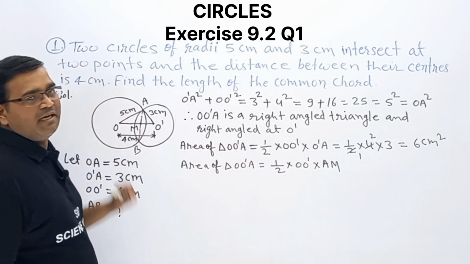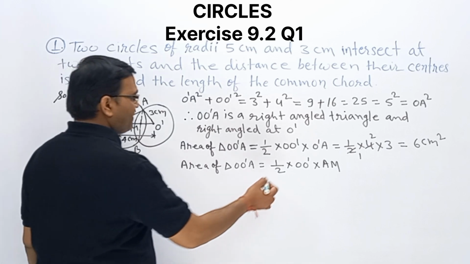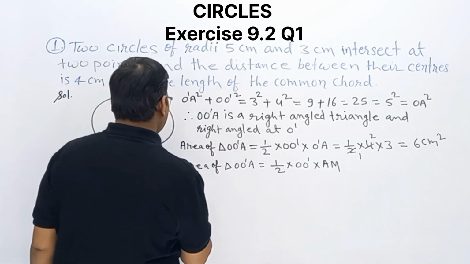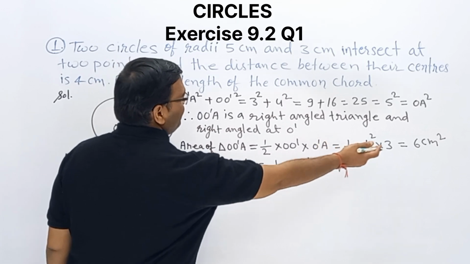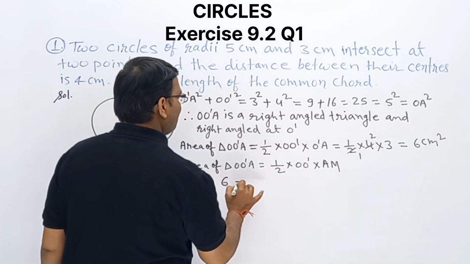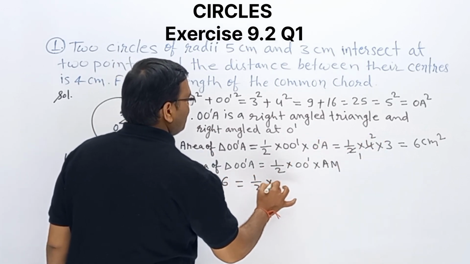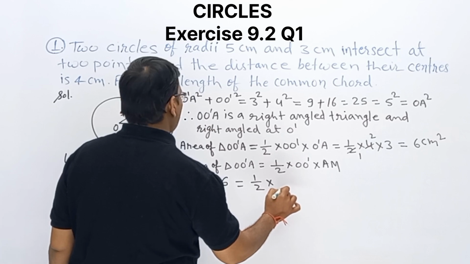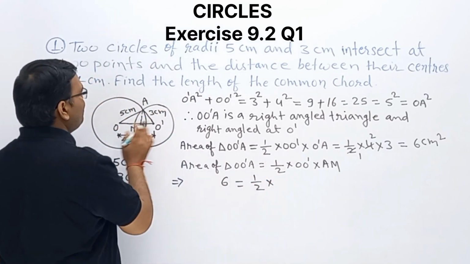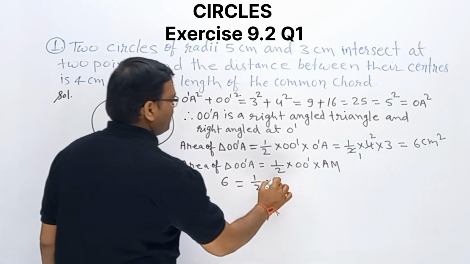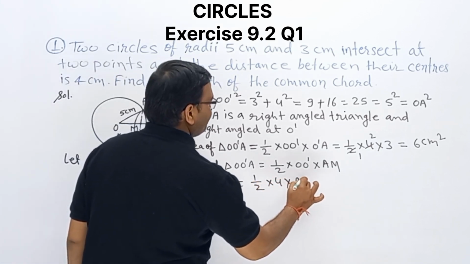Now put the values: 6 equals 1 upon 2 into 4, the distance between centers, into AM.